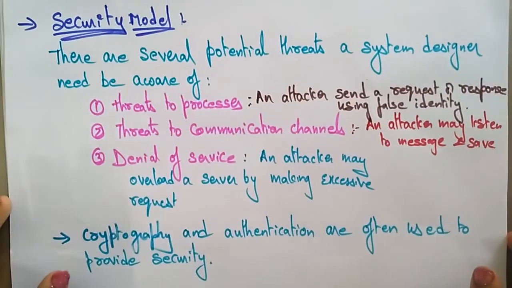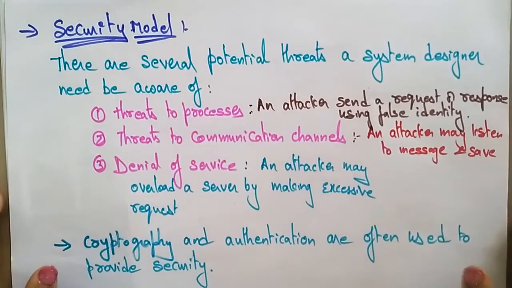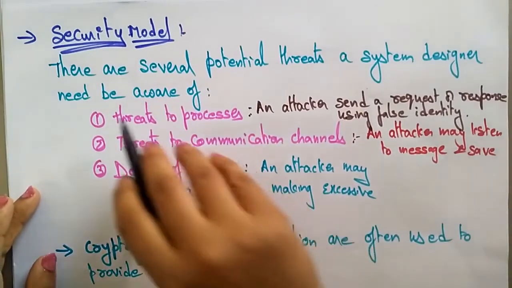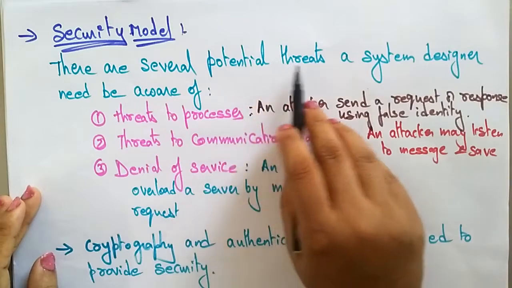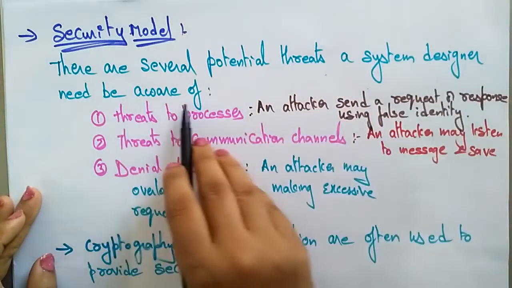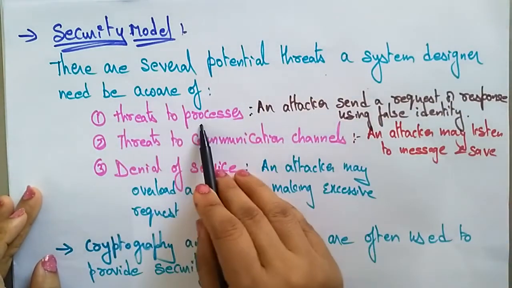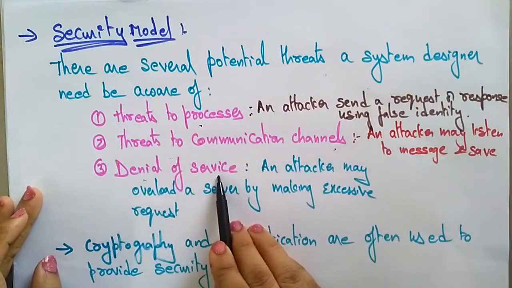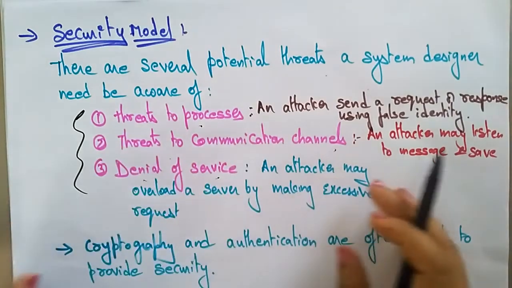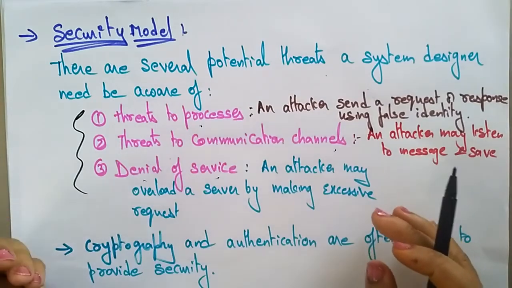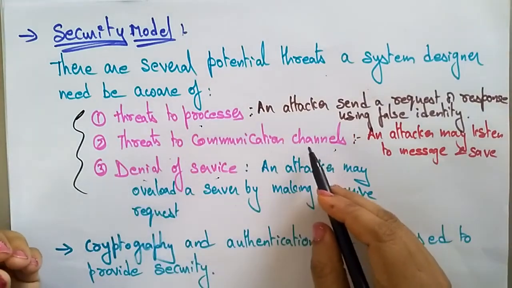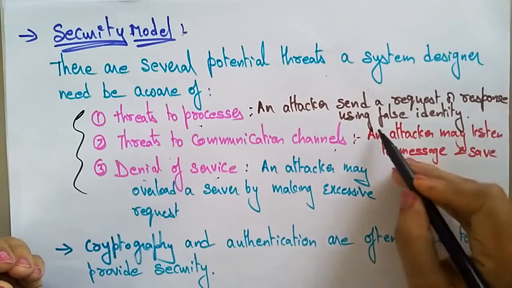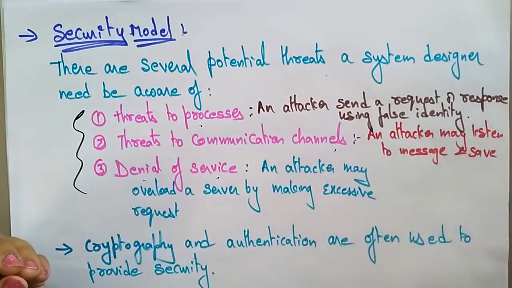Now let's see another type of fundamental model, that is the security model. There are several potential threats a system designer needs to be aware of: threats to processes, threats to communication channels, and denial of service. So these three are the security models. Threats to process means an attacker sends a request or response using a false identity.